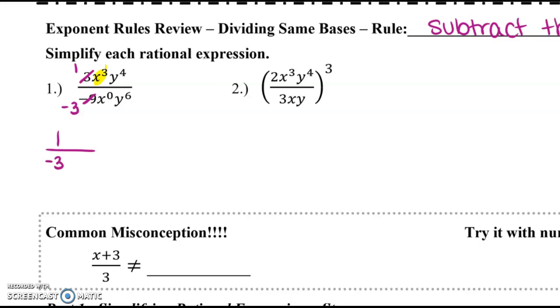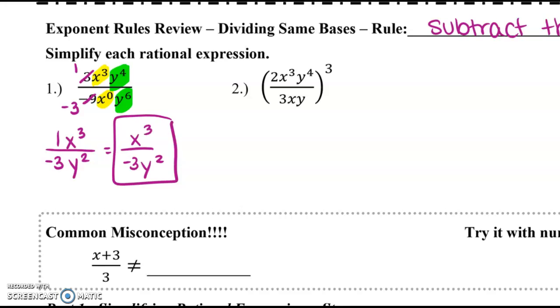As for the exponents, that's when you're subtracting. So 3 minus 0 is x to the third in the numerator. And then for the next one, 4 minus 6 is a negative 2, which means I'm going to have 2 of these, and they're in the denominator. And then you technically don't need that 1 there, so you might see on answer keys something that looks like this, without the 1 there up at the top.